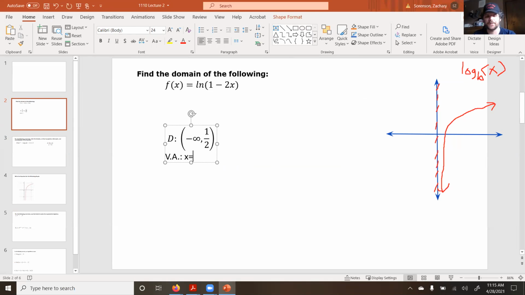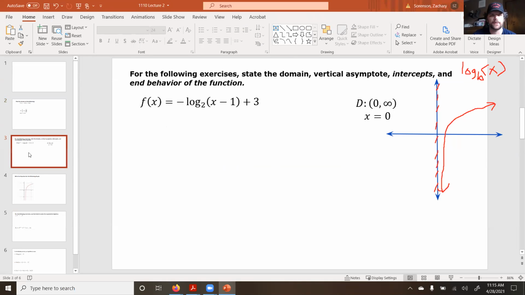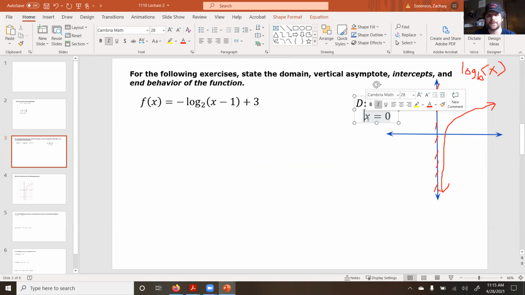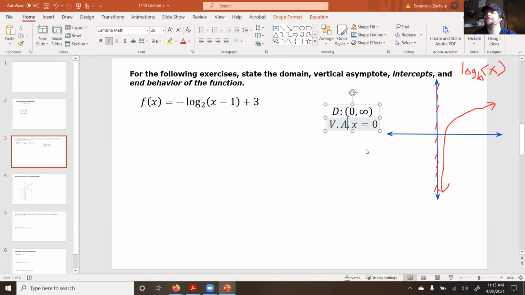Perfect. Just look at the number. That's going to be your vertical asymptote. Okay, so I should label this. Once you've found the domain, the vertical asymptote is very little work. It's kind of like when we were doing our axis of symmetry, that once we found our vertex, the axis of symmetry was just the x value. When we're finding our vertical asymptote, it's always just going to be the number value of our domain.